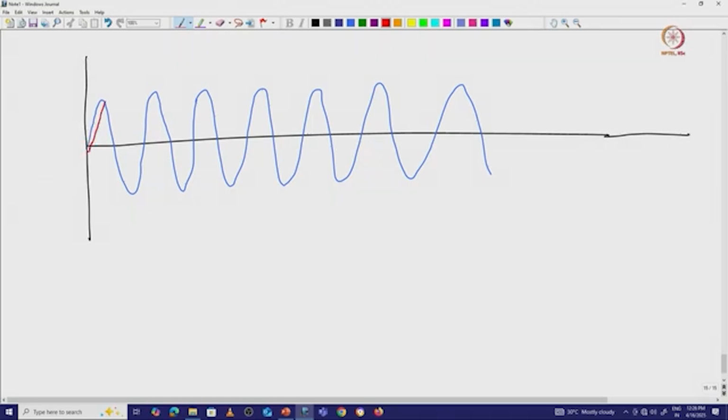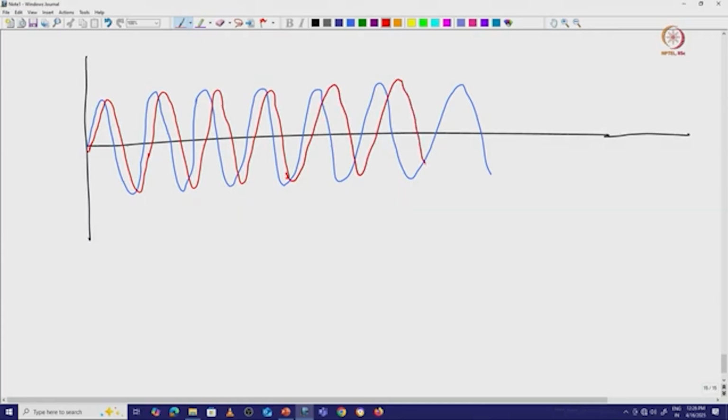So, here the wave is following this pattern. Gradually you can see there is a change between their positions. In the initial phase you can see they are just overlapping each other.